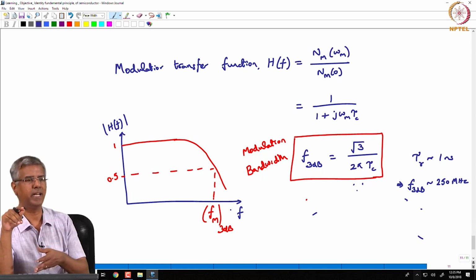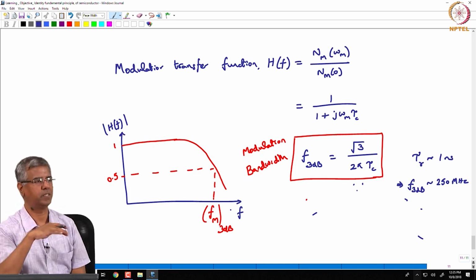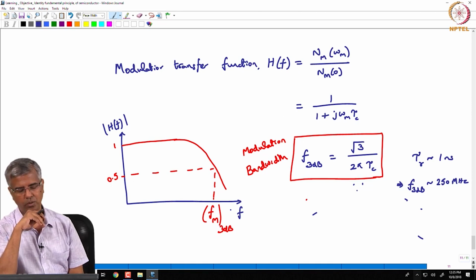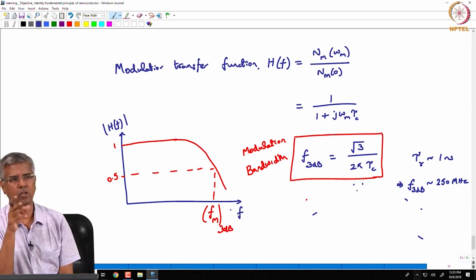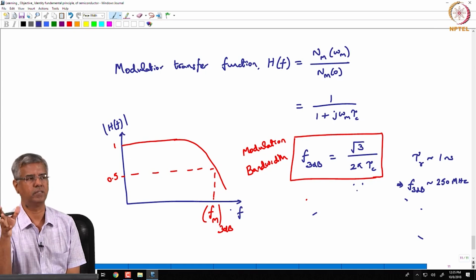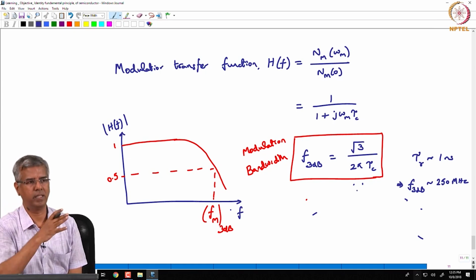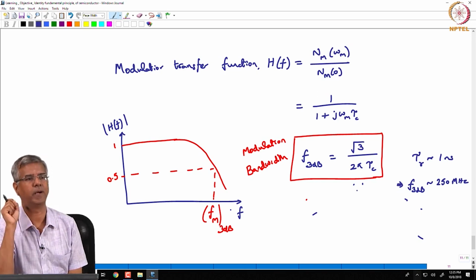If it is not getting modulated, it just represents a DC level, right. But that is okay, as long as in your electronic circuit you have a filter which rejects all the lower frequencies and picks up only the 60 gigahertz component.